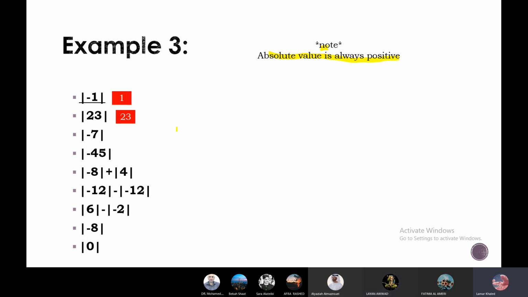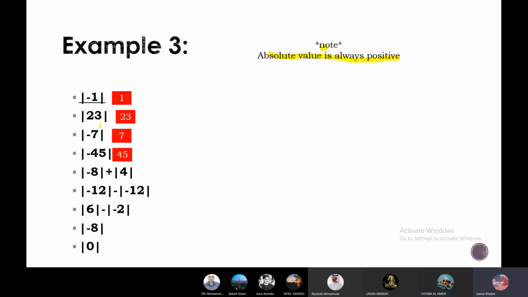So here we understand that if a number is negative, we turn it positive, and if it's already positive, we keep it positive. Fatima, how about -7? It will be +7. Thank you. How about -45? It will be +45. Thank you.